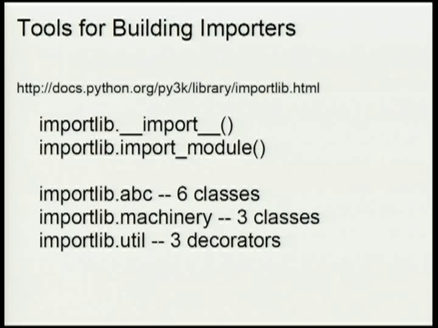So if we look at Importlib, again, like I said, this is what we got in there: import and import module, and then 6 abstract base classes that we can use. We've got the machinery, which is 3 additional classes. It's essentially versions of those 3 implicit meta path hooks. And then in the util, we have 3 decorators that are handy for writing your own import hooks.